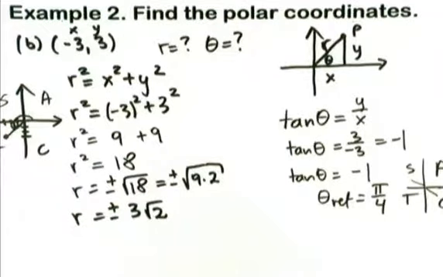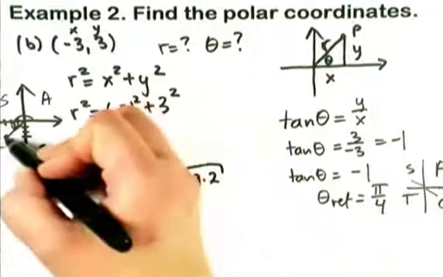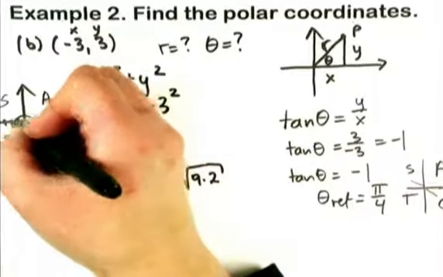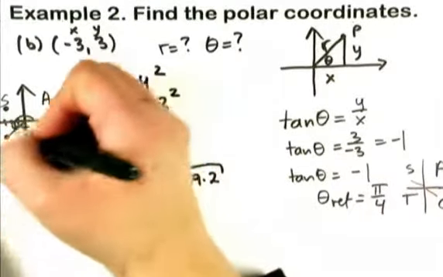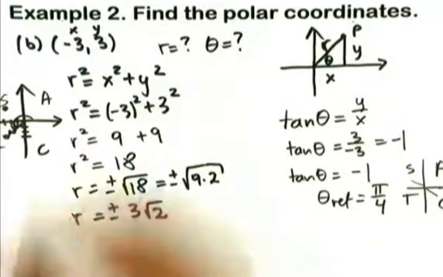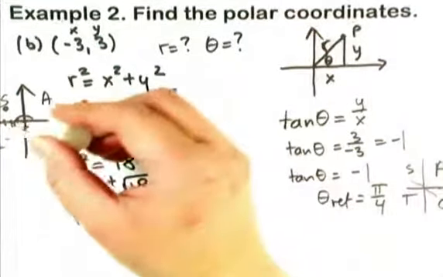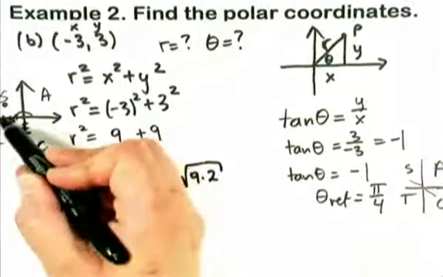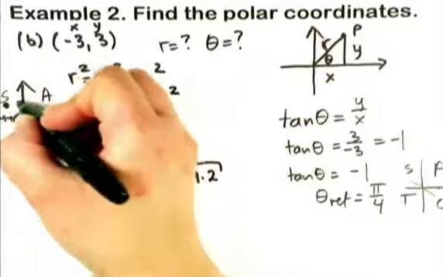Oh, we drew this point wrong, because this point is minus 3, 3. The point should be minus 3 and 3 up, right here. Otherwise, we would get that the tangent is positive, and it should be negative. So, sorry for that. Minus 3 and 3, the point is right here.